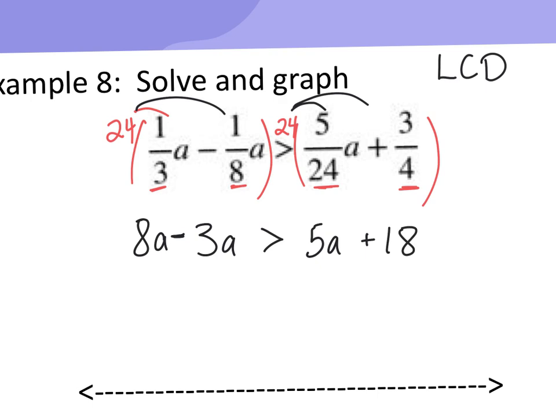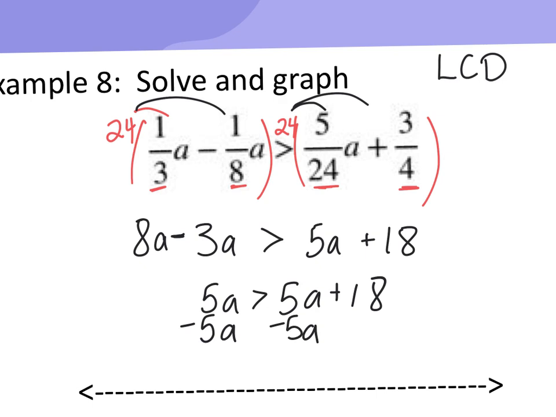Questions so far? No? Okay. What's my next step here? Combine like terms. And on the left side, what does that become? 5a. Is greater than 5a plus 18. Now what? Subtract the 5a on both sides.